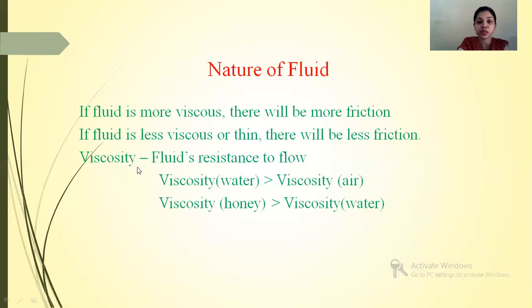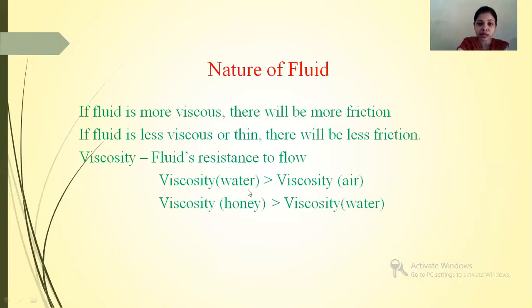So viscosity means the fluid's resistance to flow. In water, what resists the motion of our body? Of course, the water opposes it. So viscosity is one type of resistance offered by the liquid. The more viscous the fluid, the more frictional force there is.